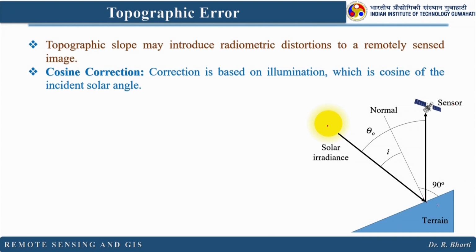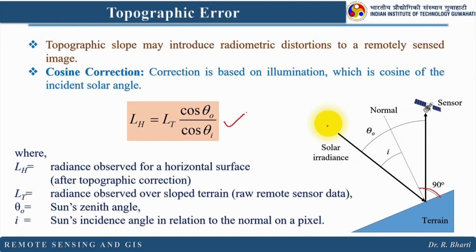So how do we correct, or how do we remove this slope effect on the images? For that we use this formula, and whatever equation I am showing here includes pixel level calculation. Here LH is the radiance observed for a horizontal surface. This we need to calculate, because we assume that whatever we have captured is horizontal, because we project it like this in our image, but that is wrong.